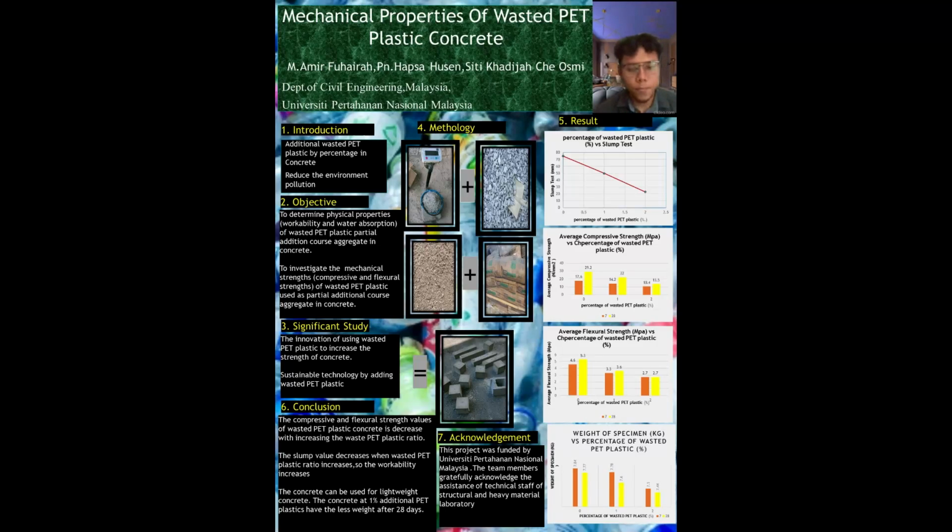So the workability increases. For all of my 54 samples, for my slump test for the 0% control sample, 1% and 2%, the workability increases because the slump value decreases, because when we measure using the ruler, the top of the slump cone to the top of the concrete decreases when the waste PET plastic increases.